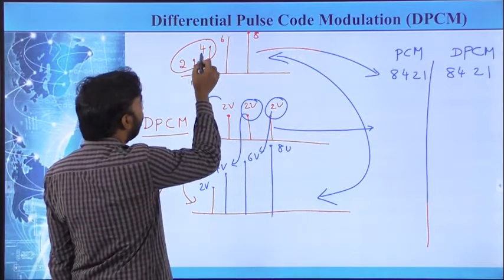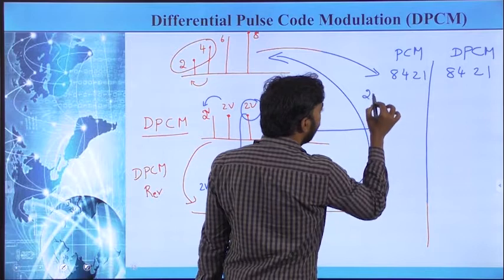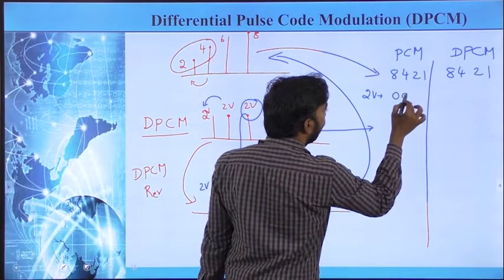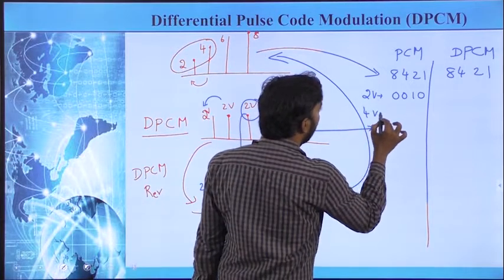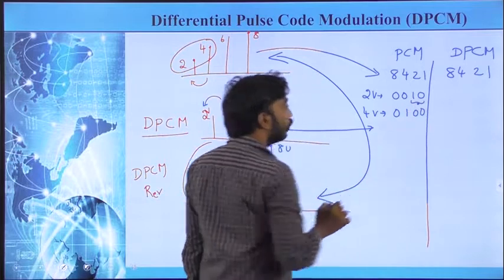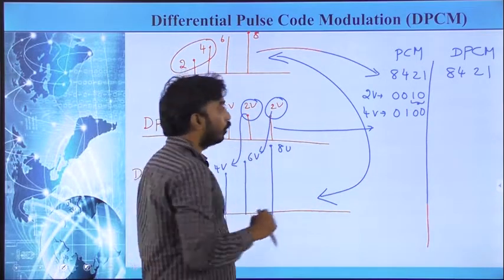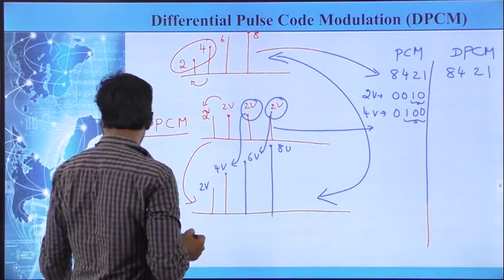Now in PCM, to represent 2 volts I need only 2 bits. To represent 4, I need 3 bits.